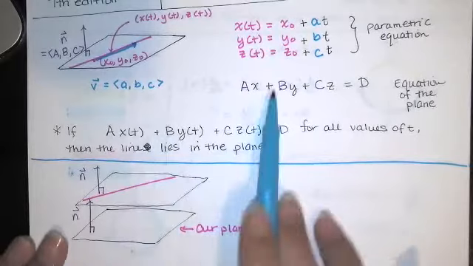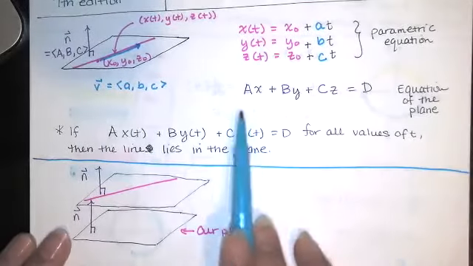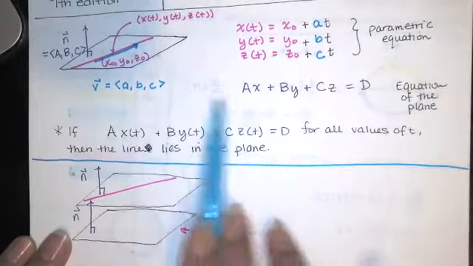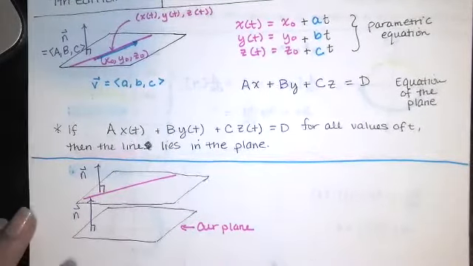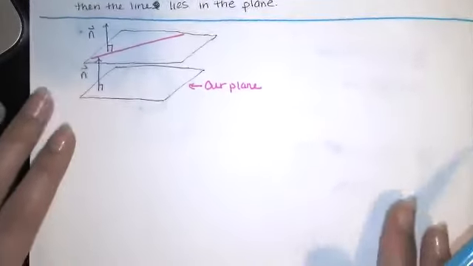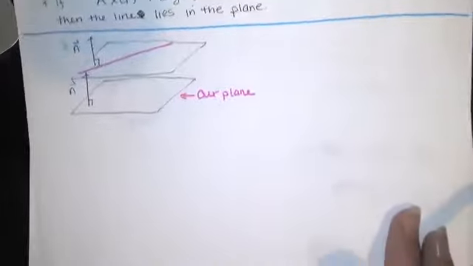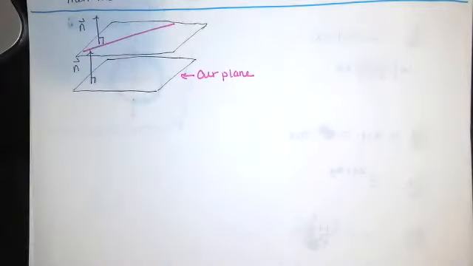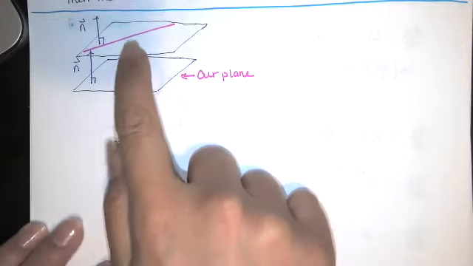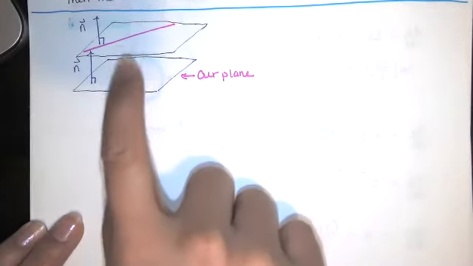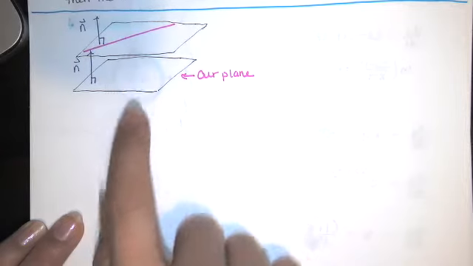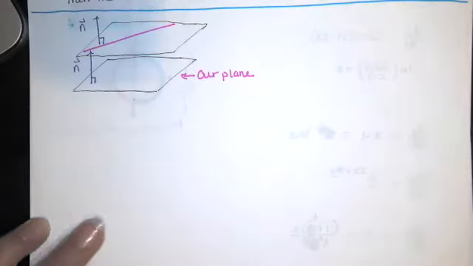The first possibility is the parametric equations of the line satisfy the equation of the plane all the time. Now, here's the next possibility. In this case, the parametric equations of the line never satisfy this equation.